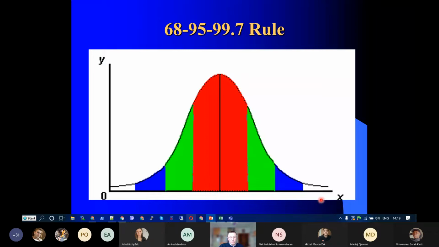So here is an example of normal distribution, a visualization of a frequency table for normal distribution.